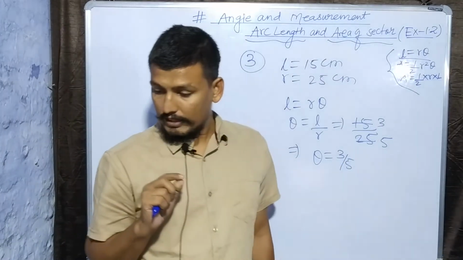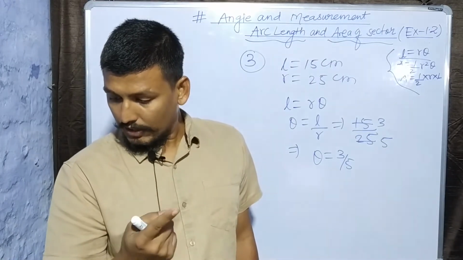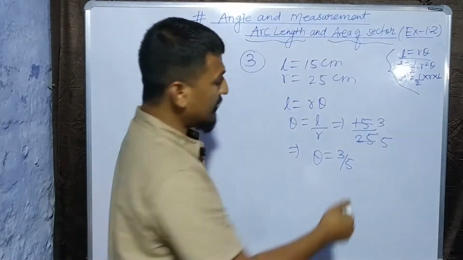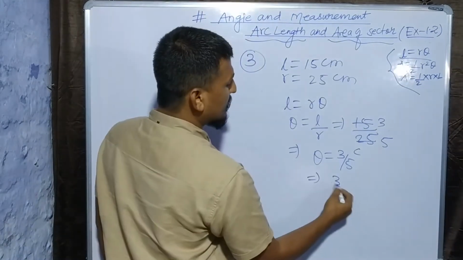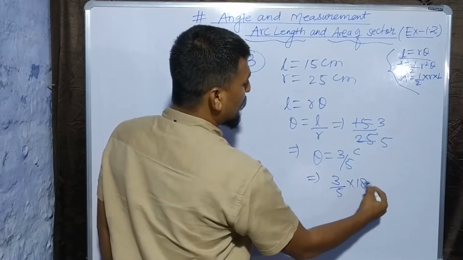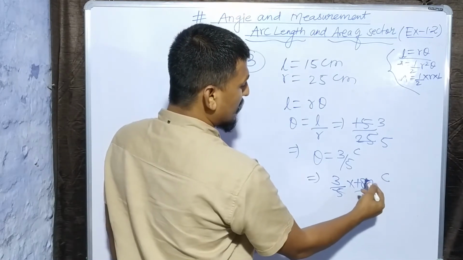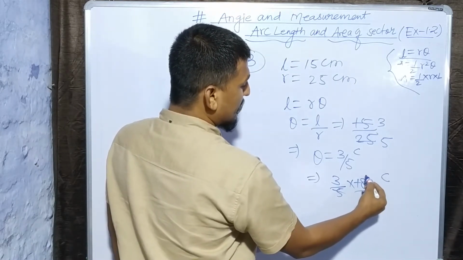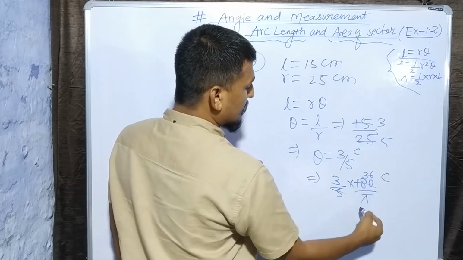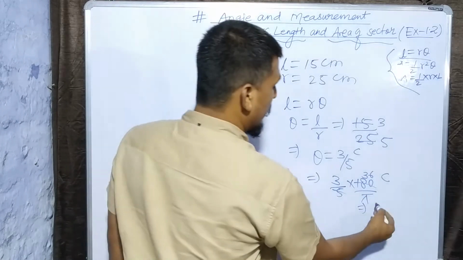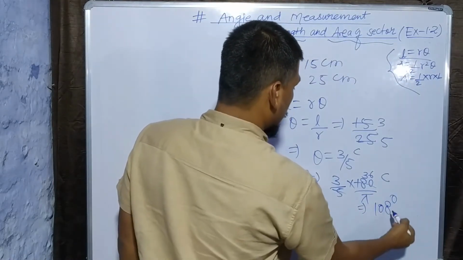You have to find the value in degree. In order to find the value in degree, this is in radian. So calculate 3 by 5 into 180 by pi. So 5 into 36, 36 into 3, 108.